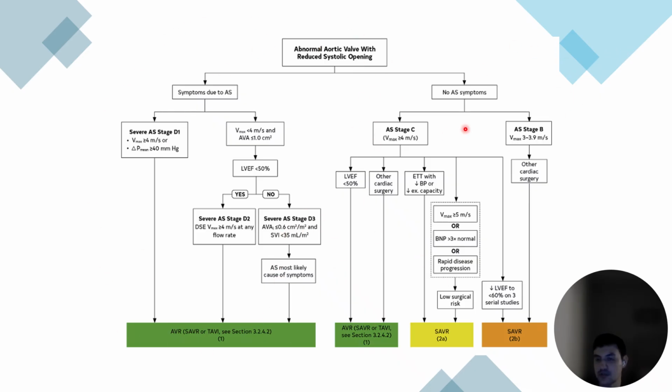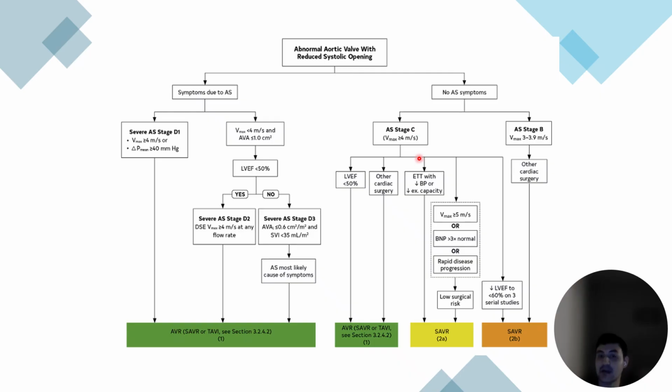Then, no symptoms, meaning C or B. In B, you don't have symptoms, you do not have severe disease, so it's a 2B recommendation. Don't worry about it. If you have stage C and the EF is less than 50%, surgery, class 1. If it's with other cardiac surgery, class 1.